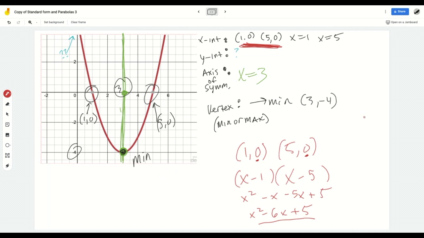The vertex form is going to be a(x minus h) squared plus k, where h and k is your vertex. And so if we want to write it like that, our vertex is 3, -4. So we have (x minus 3) squared minus 4. Boom, that's it.